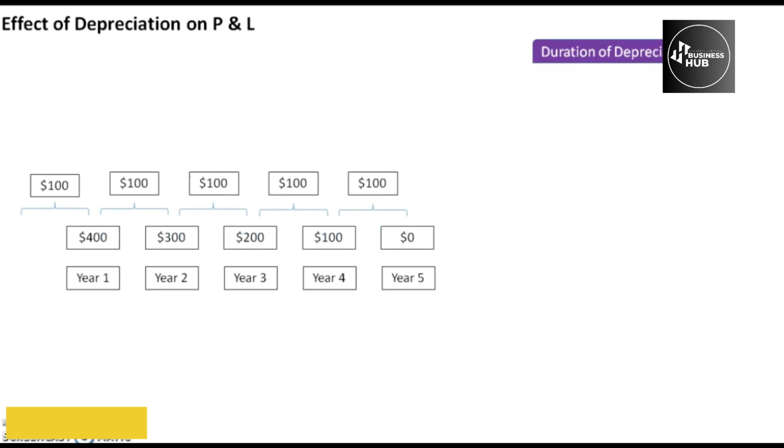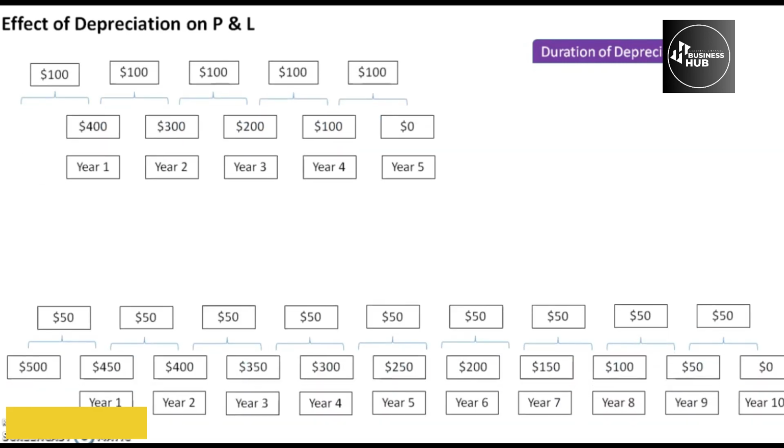The first way in which the P&L statement gets affected by depreciation is the duration. Let me explain what I mean by that. Imagine that you have purchased that machine and considered that it would be used for 5 years. Then every year you will subtract $100 from the value of the P&L and the margins will look something like this.